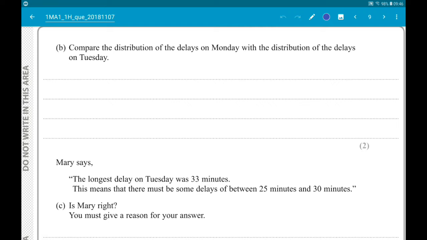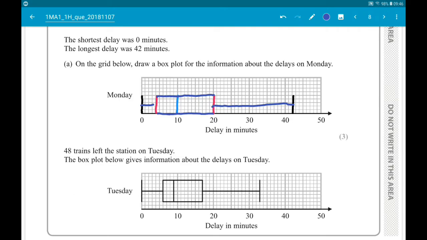We need to make 2 comparisons. Okay, so first of all, the first thing that hits me is the range of delay times on Monday was greater. So that means the range of times the delays could have been are more spread out, more varied.